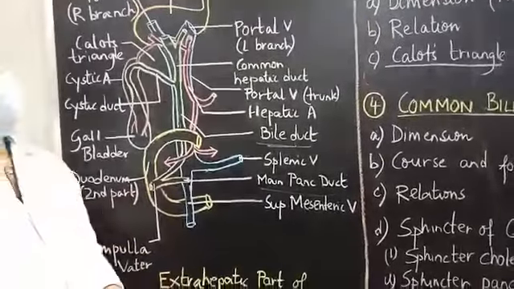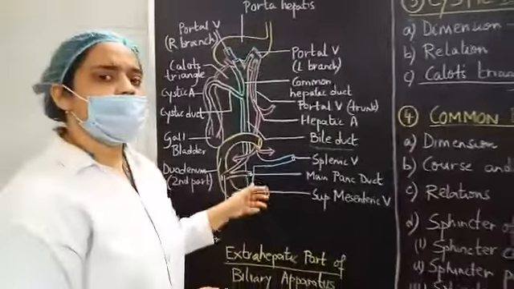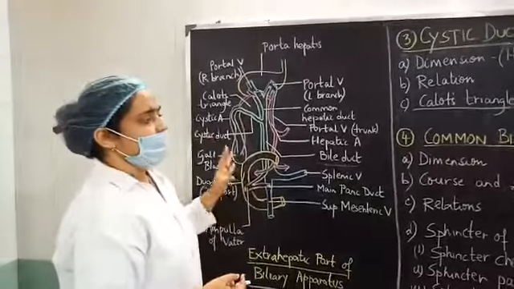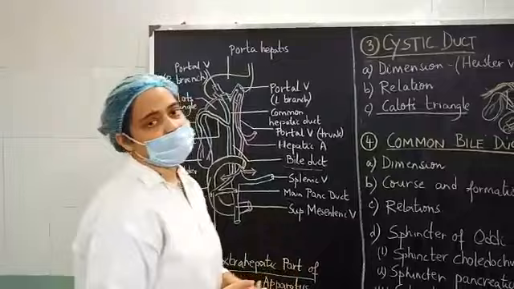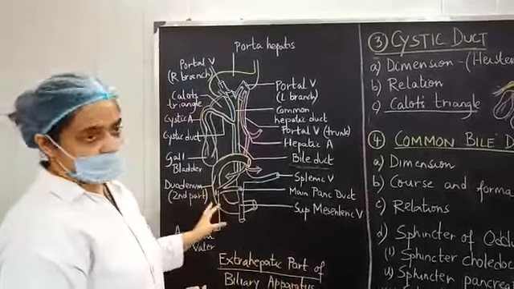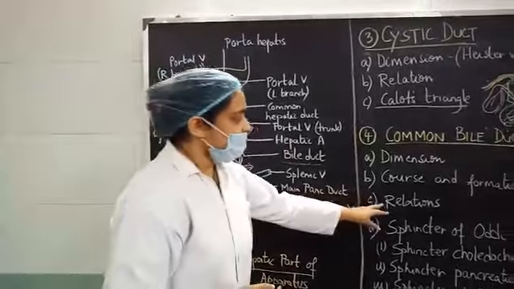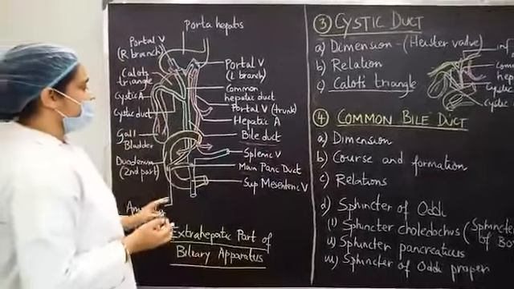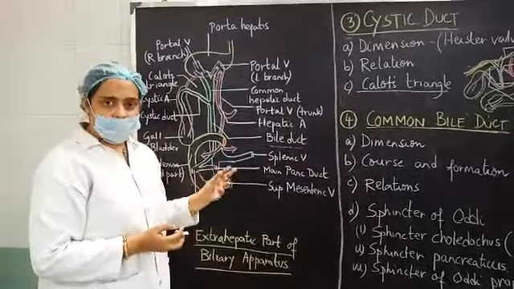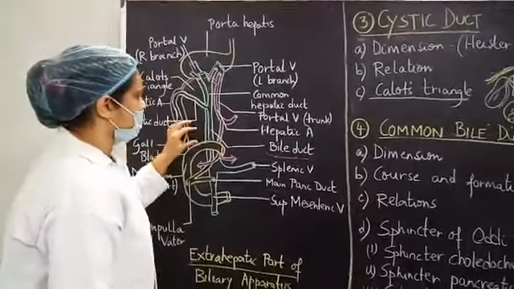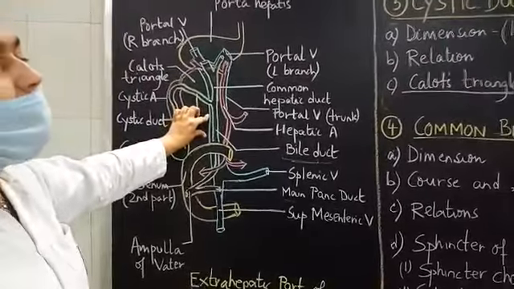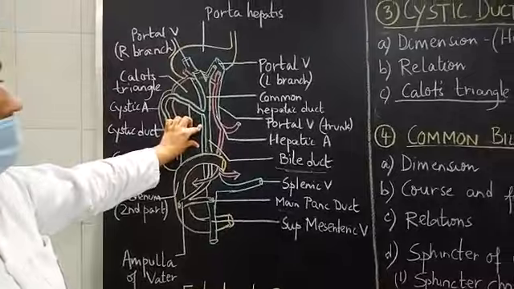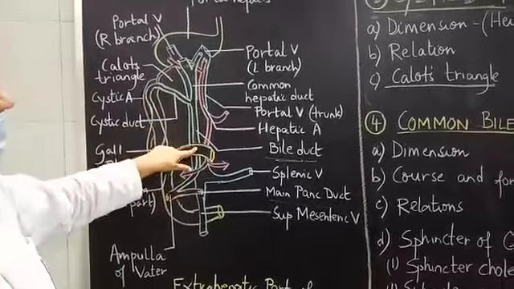Each and every word is very important, and you have to remember every little detail about the course and formation of this common bile duct. Next is relations. This common bile duct has got certain parts. First is the supraduodenal part, that means the part of the CBD above the first part of duodenum.